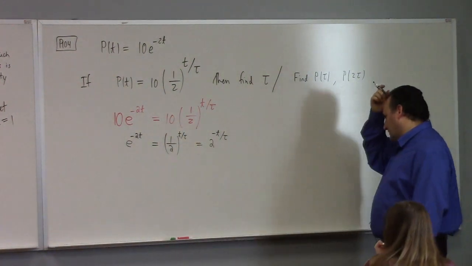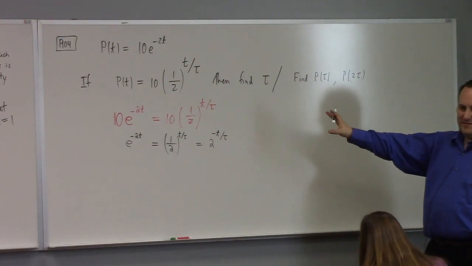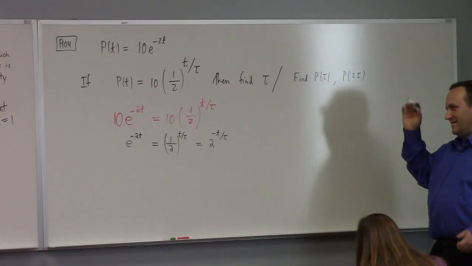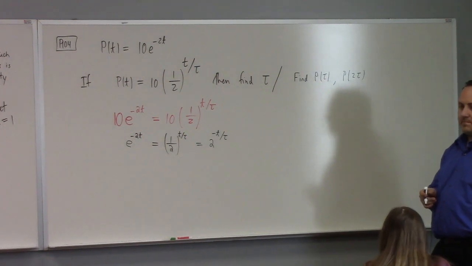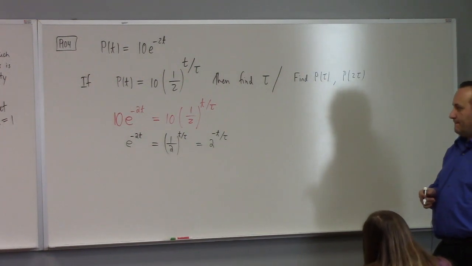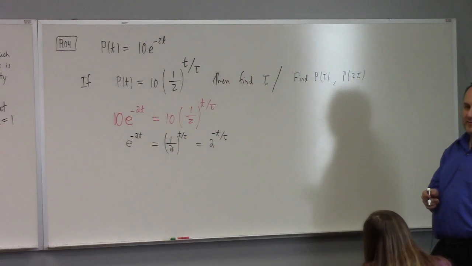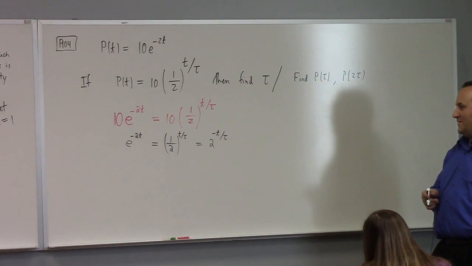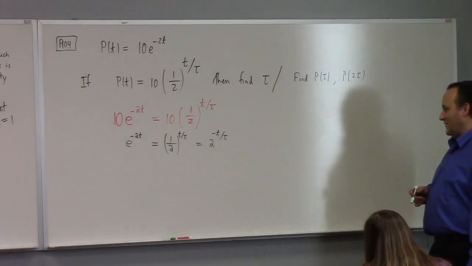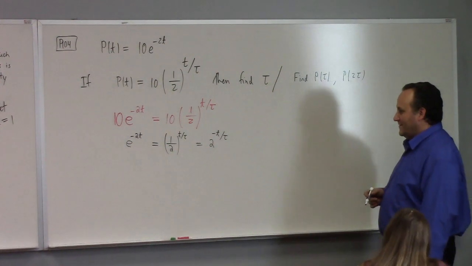That might not be a bad thing to do. I'm not completely sold on this last step, I'm not sure it's helpful to you guys. Now what do I do? I make my tau a z, so I don't confuse it with the t. Yeah, you can make your tau whatever you want. You can make it a. If you have a duck that you like to use as a variable, sure.